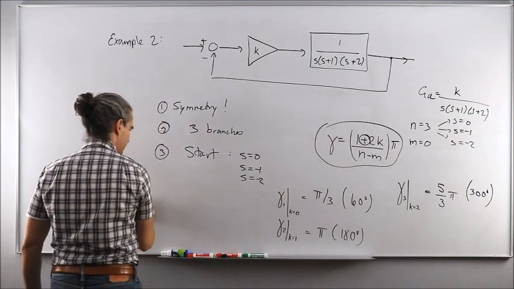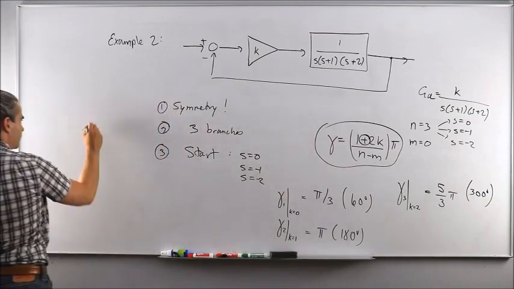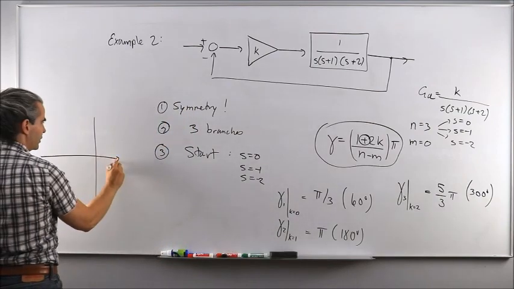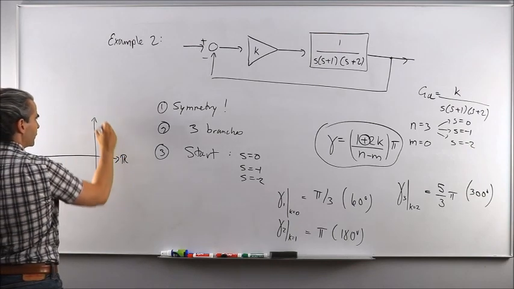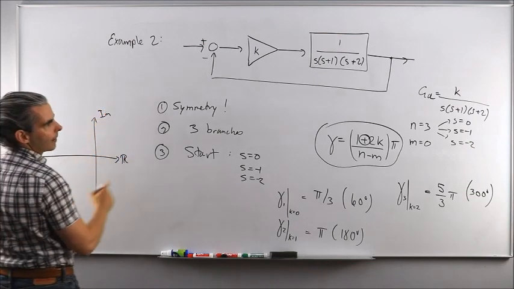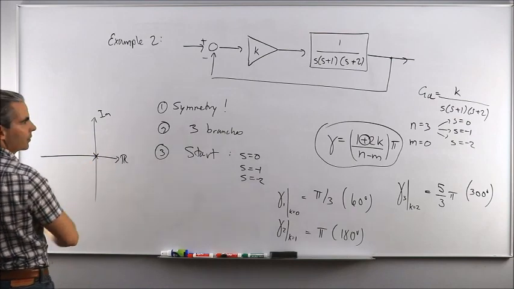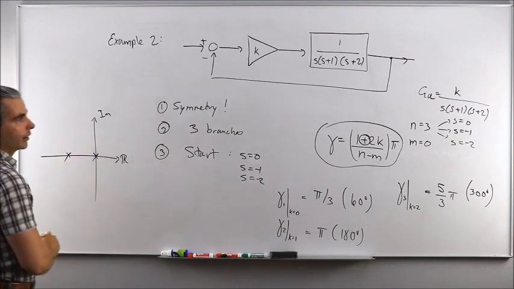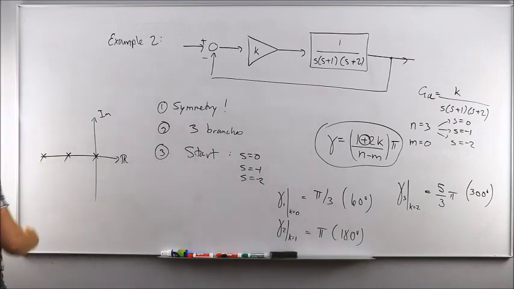That's convenient because it tells me that if I go back to my root locus, and I usually start after step 4 to start laying things down, I had 1 pole at 0, 1 at minus 1, and 1 at minus 2, like that.